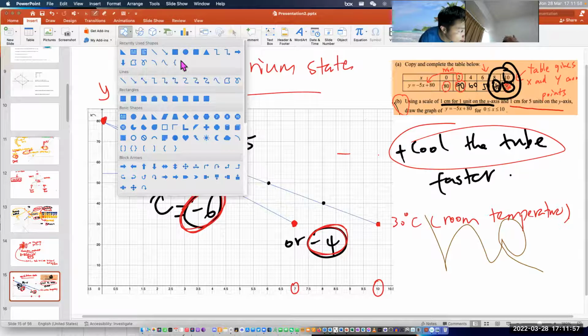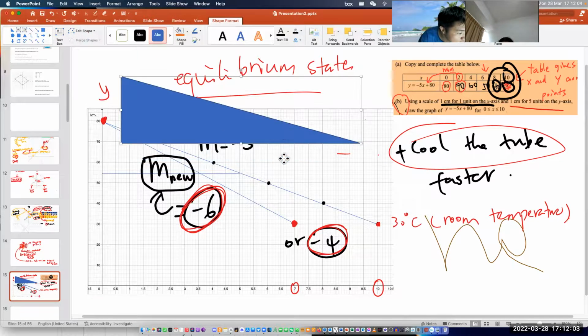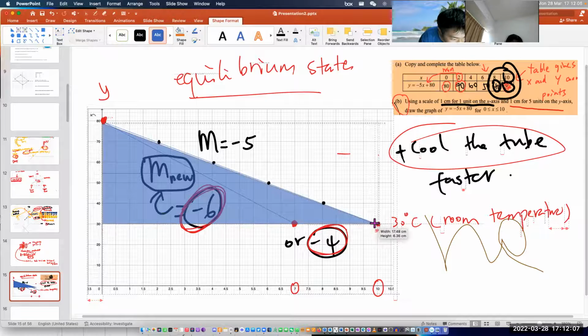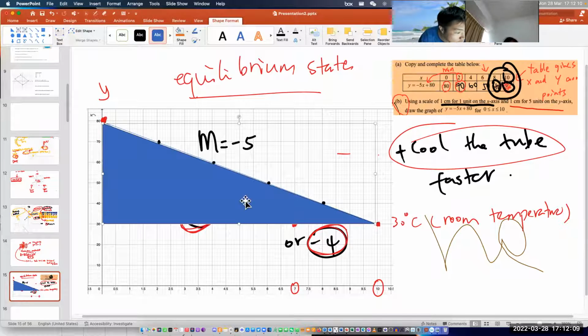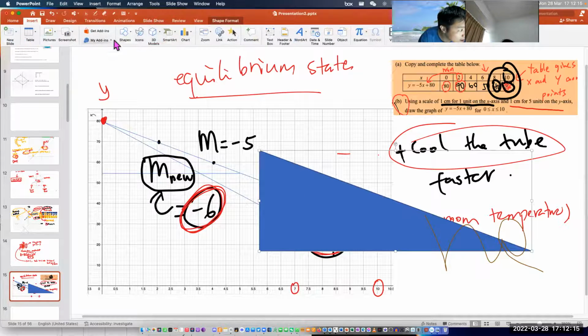How come I cannot get the slide up? Funny. Okay, good. So originally, this is your slide. Okay. Now, this is your m equals -5. Now your slide is this.